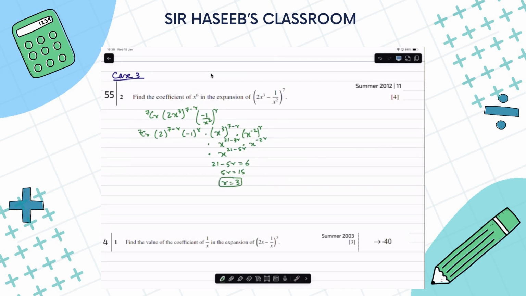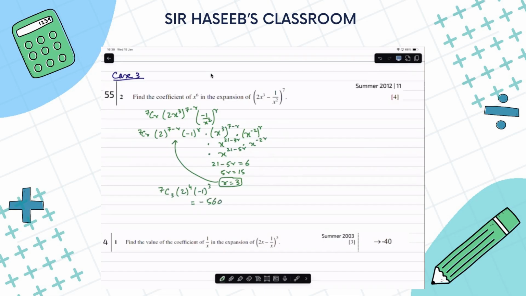Get it? Then you plug in 3 in here. So your term would be 7C3, 2 to the power of 7 minus 3, and minus 1 to the power of 3. What do you get? I'm getting minus 560. 560 is right.